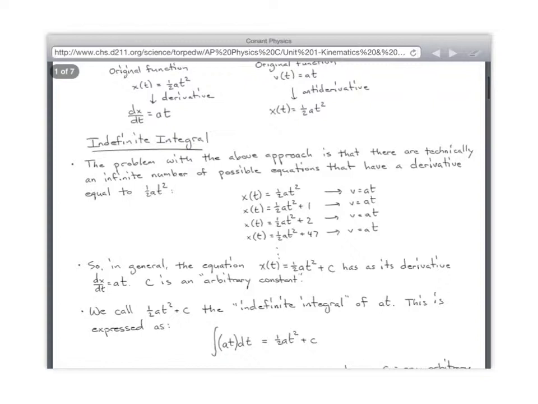It's an S. Originally, this symbol was S. Why S? Sum. What's that mean? The integral, yeah. Okay, we're going to get into that in a second.